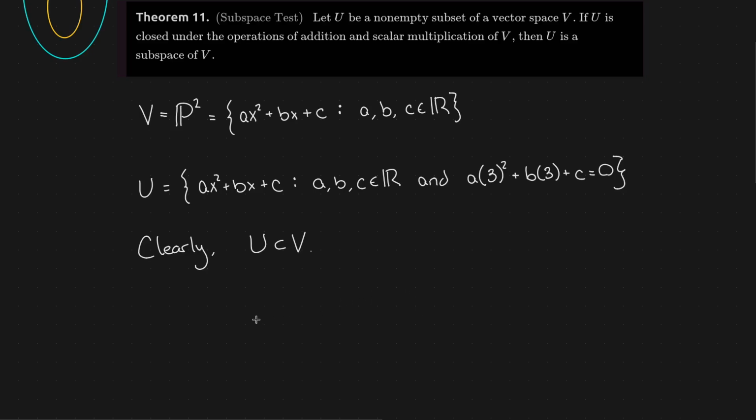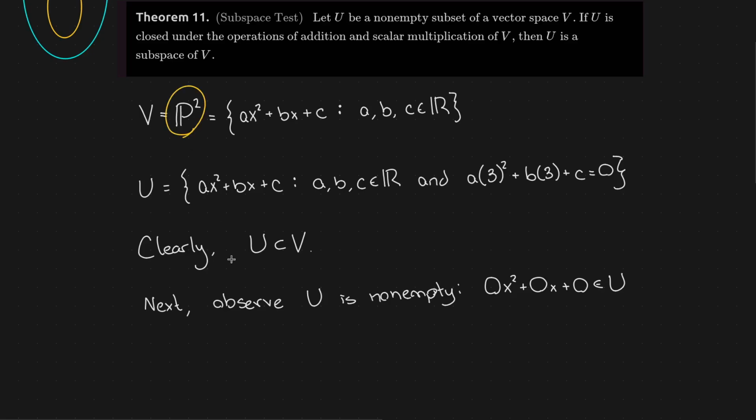Second, it is non-empty. Now, there's lots of choices we can make here. Observe U is non-empty. A classic traditional choice is to check if the zero vector is in U. The zero vector for the set of degree 2 polynomials is the polynomial where all the coefficients are 0.